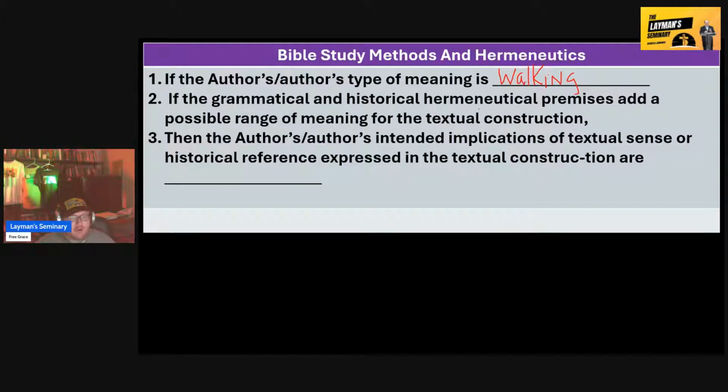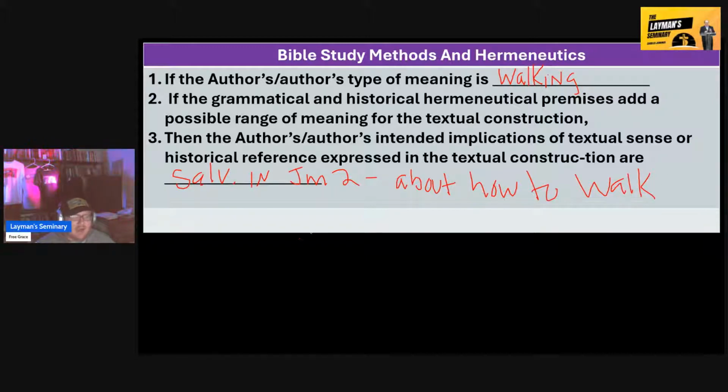If the grammatical and historical hermeneutic premises add a possible range of meaning for the textual construction, then the author's intended implication in textual sense or historical reference expressed in the constructions are that faith, that salvation, in James 2 is about how to walk with God.